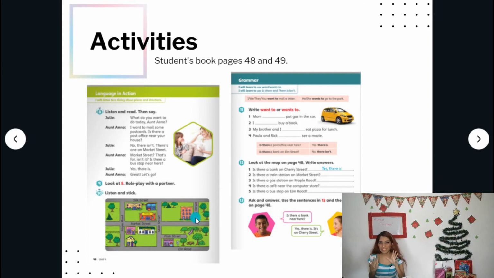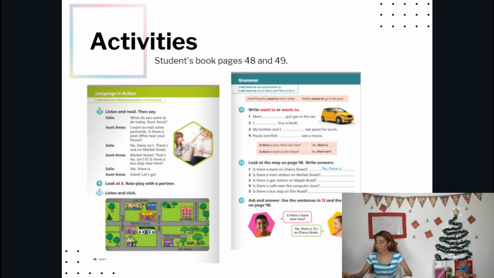Okay, it might seem a little bit difficult, but then we're going to keep practicing. So, I'm going to play the audio and you're going to place the stickers in the correct place. You are going to listen to the places that you already have in here and the streets and the roads that you have. So let's pay attention so you don't have any problems in solving this.